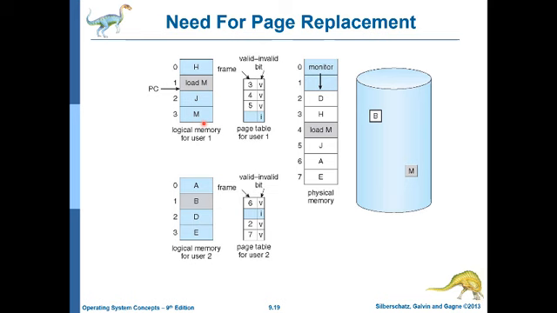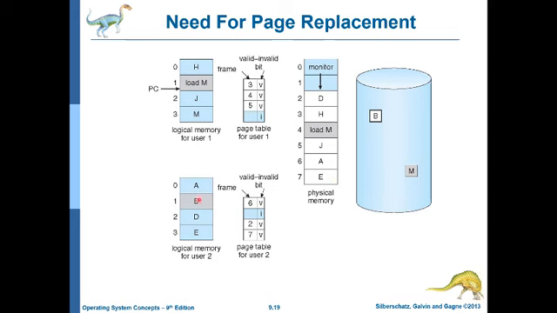But page number 3, if you see here, is invalid because it is in the hard disk, not yet in the RAM. So we need to replace one of the existing pages, because these frames are all occupied. We will choose one in which to load this M.